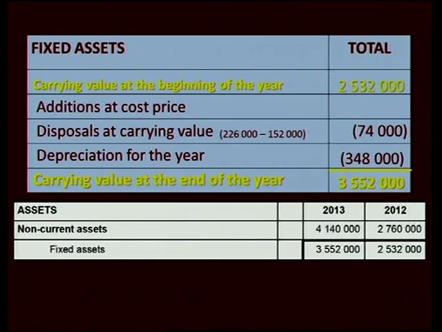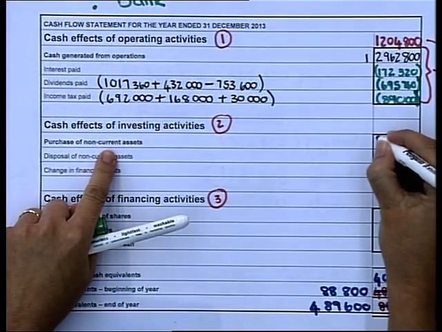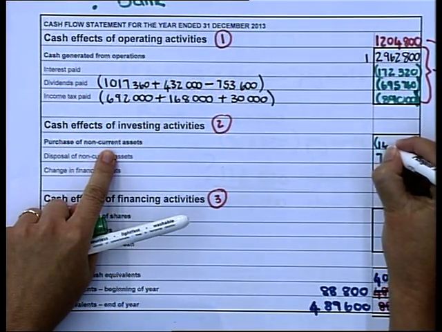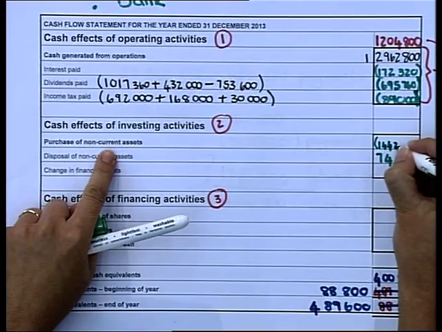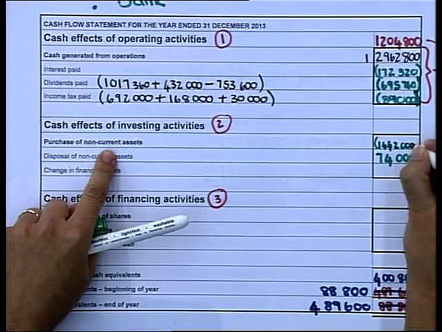How do I get that? Well, I just make a simple linear equation and I get to 1,442,000. And that was a cash outflow. So I need to add that into my cash flow statement. The purchase of non-current assets, 1,442,000.